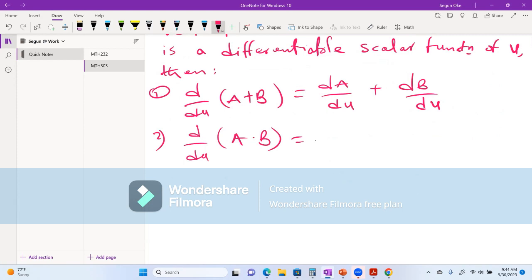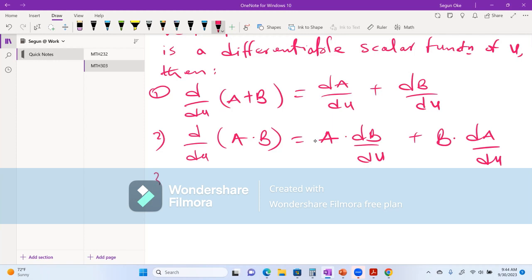How many of us still remember our product rule in differentiation? Keep one constant, differentiate the other, then keep the other one constant, differentiate the first. So it simply means A constant, differentiate B: A dot dB/du plus B constant, differentiate A: dA/du dot B. That's just it. Keep one constant, differentiate the others.